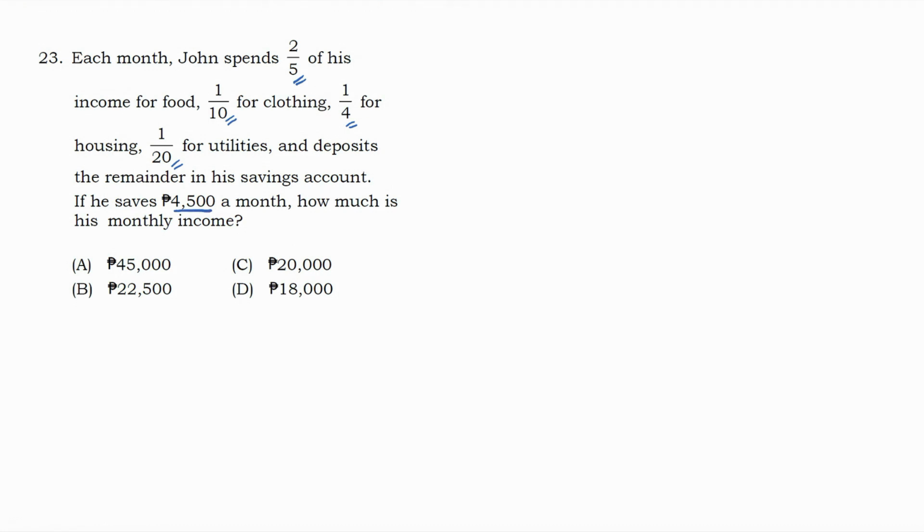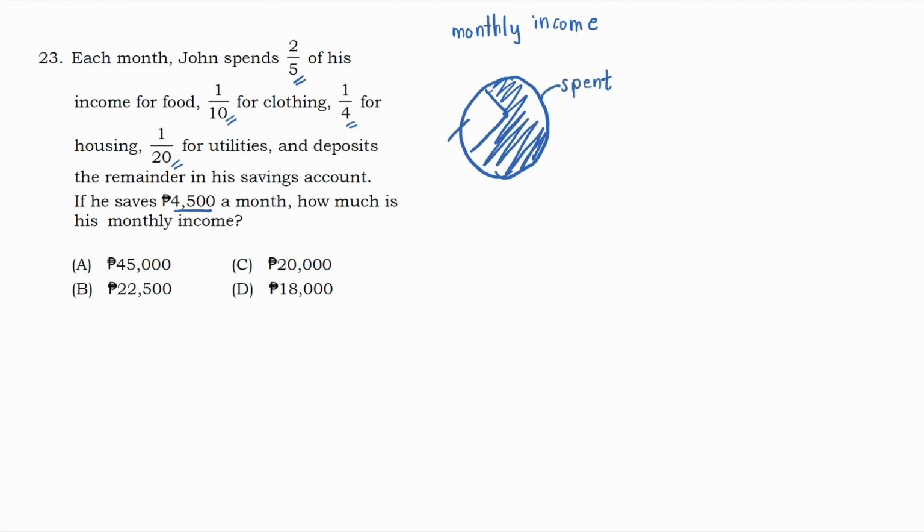So, pwede nyo siyang i-visualize as yung monthly income, ayan yung isang buo or one whole. Tapos yung portion nun, sabihin natin ito yung na-spend niya. Spent. And then this one is the savings part. Para makuha natin yung fraction part nung savings niya or yung 4,500, kailangan natin i-add yung fractions, itong 2/5, 1/10, 1/4, and 1 over 20.